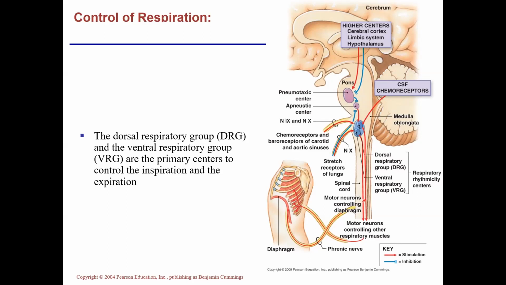That is the medulla's centers. But you can definitely control your ventilation to a certain degree. Say, if you sit here and say, okay, I want a deeper breath, then definitely you can inhale more. That part is directly controlled from the cerebral cortex.